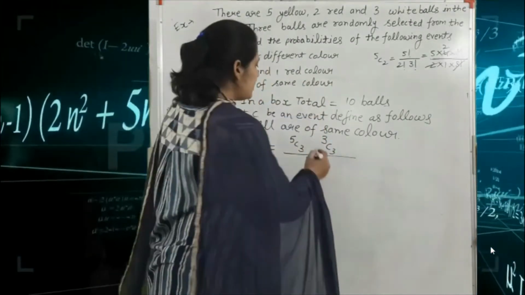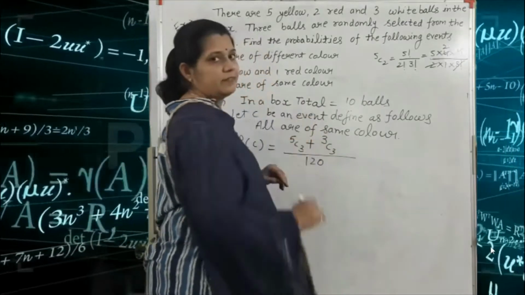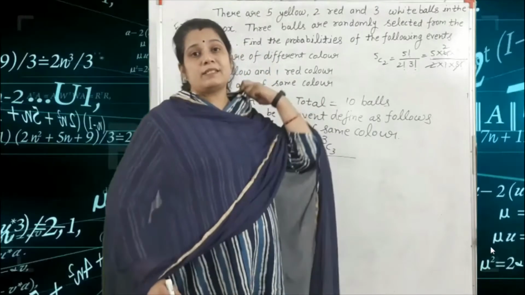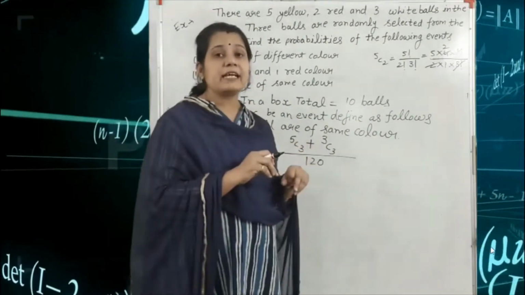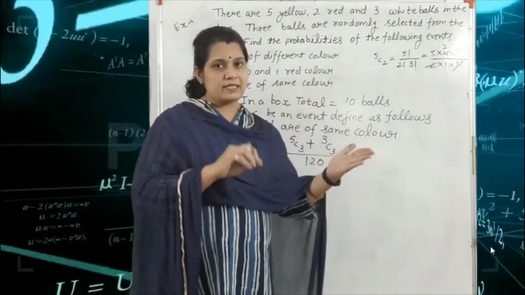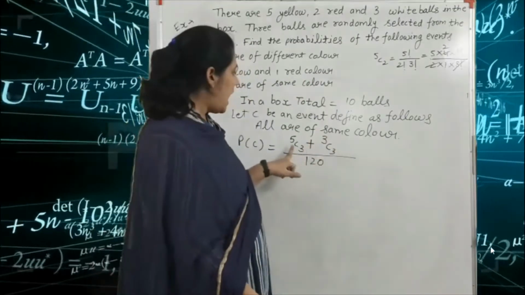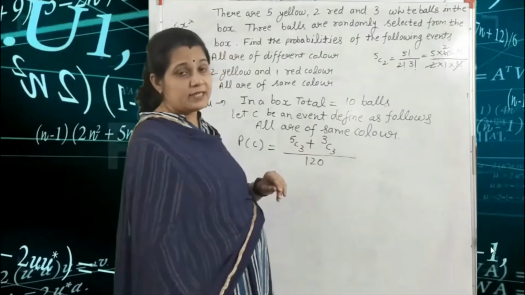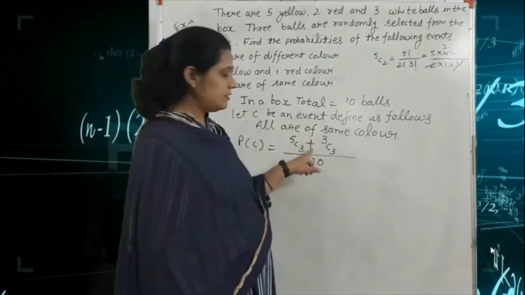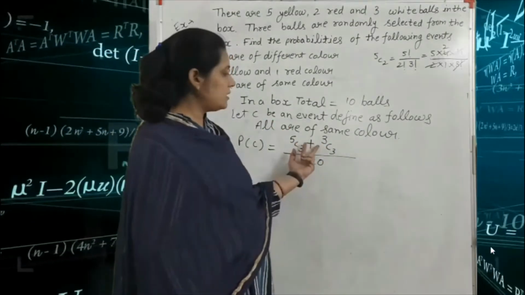Okay, so here we write the plus sign. So what do you mean by the plus sign? Plus sign means we write the union. Union means either this or this. That means either 5C3 or 3C3, that means only one is selected from these two terms.